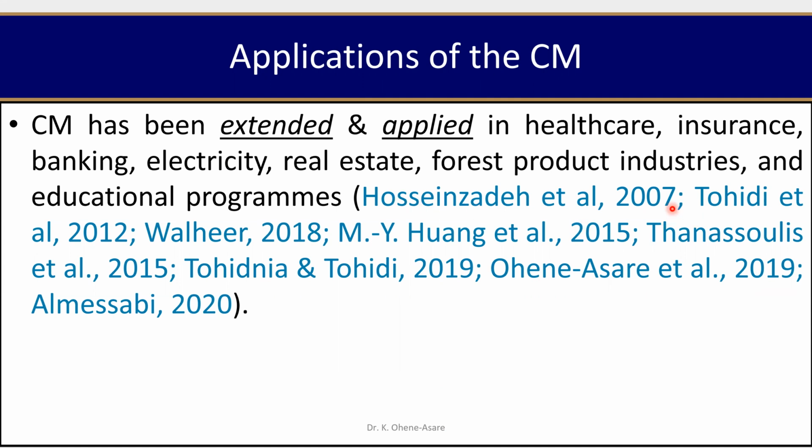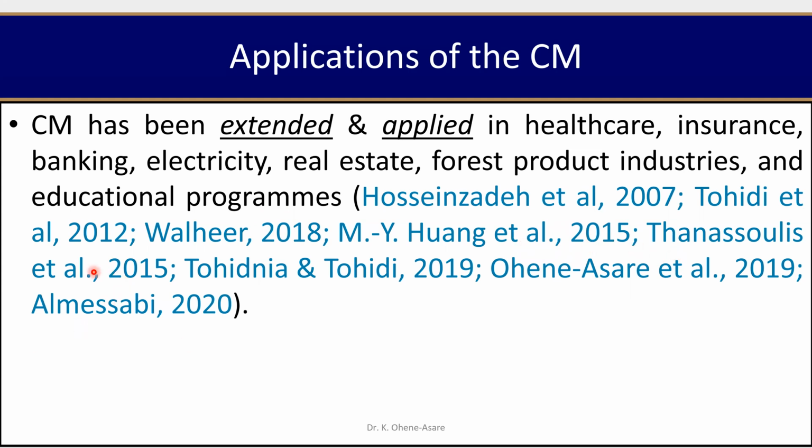So when you look at these papers, Tohidi et al. did an extension of the cost Malmquist to the global Malmquist. Wall here actually looked at cost Malmquist related to some negative data. One, et al. 2015 considered cost Malmquist, meta Malmquist, I would say, or meta frontier cost Malmquist.